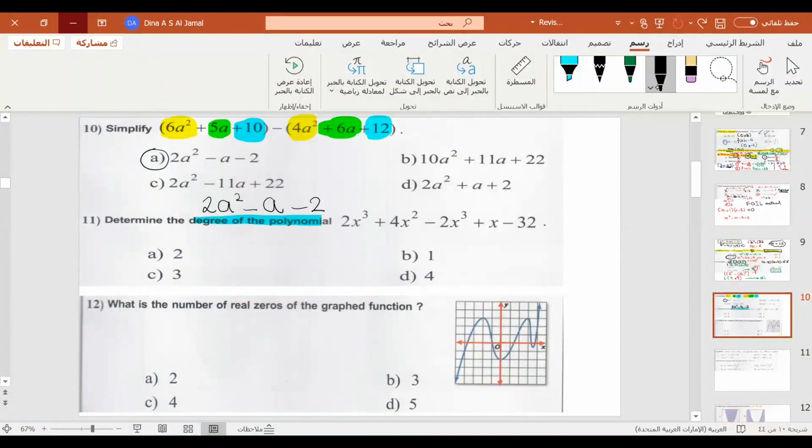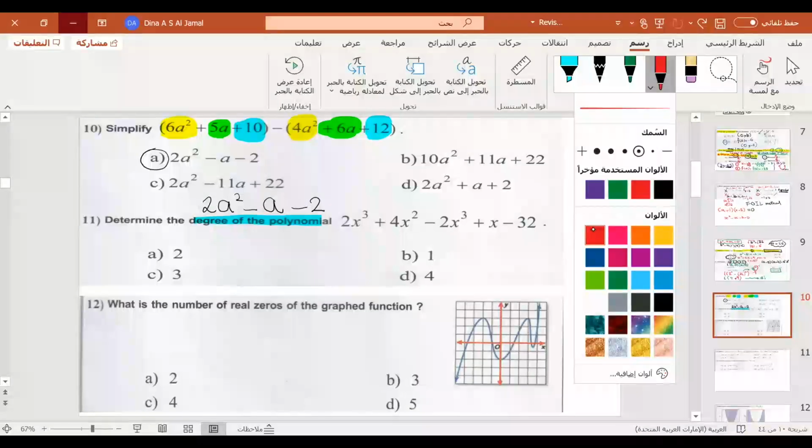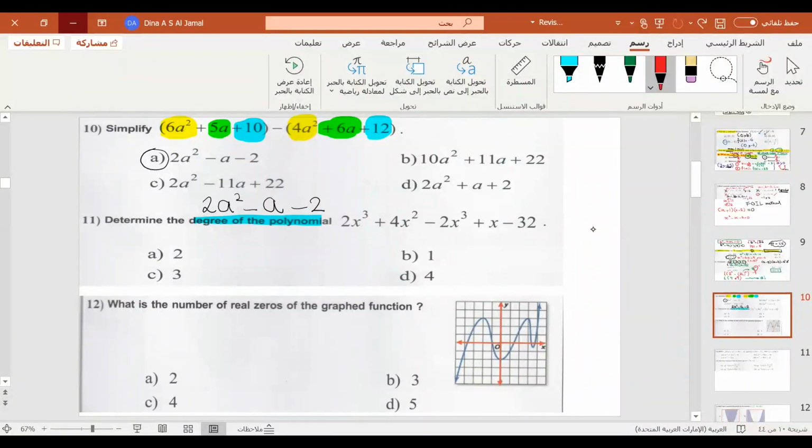Now let's go to determine the degree of the polynomial. When you find the degree of the polynomial, I advise you to check all the terms, not only the first term, and go directly choose the 3. Check all the terms. Here I'm having like terms, and not only like terms, one of them positive, the other one negative, and they have the same coefficient.